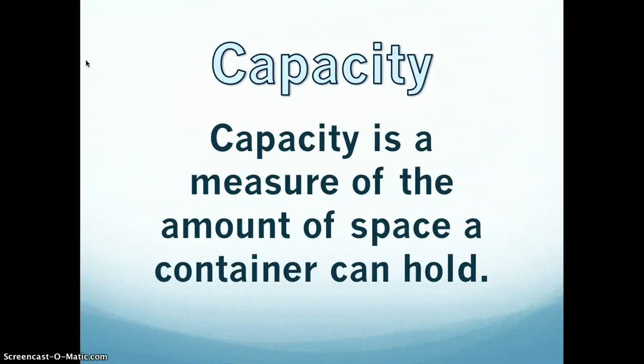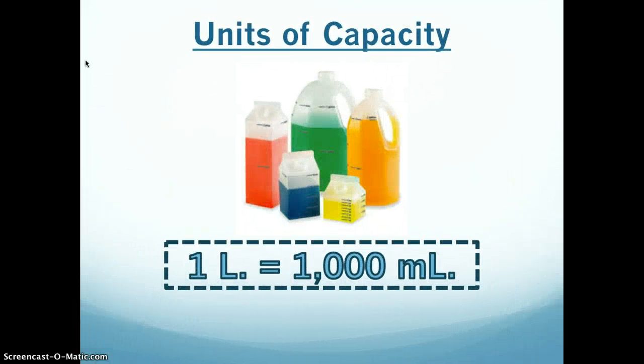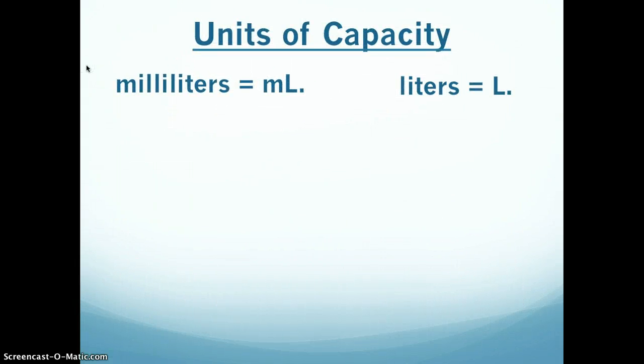All right, our last unit is capacity. Capacity measures the amount of space a container can hold. Typically we use this when we're talking about liquid. Again, you only have one conversion to remember: 1 liter is the same as 1,000 milliliters. It's a very similar conversion to mass.